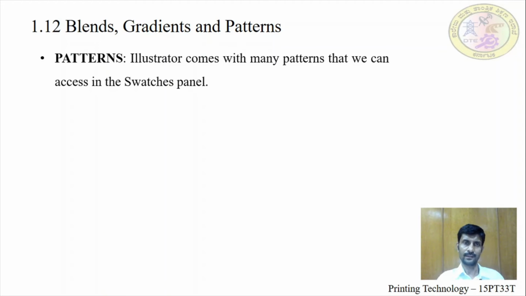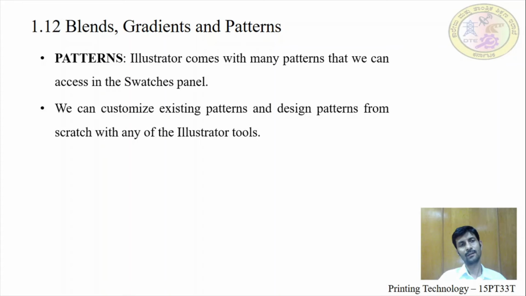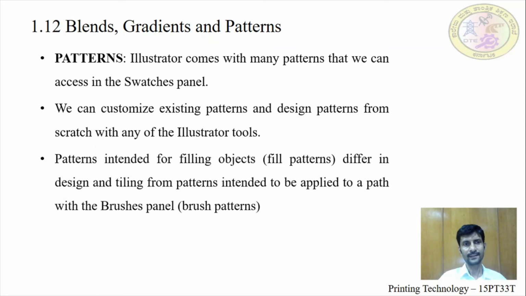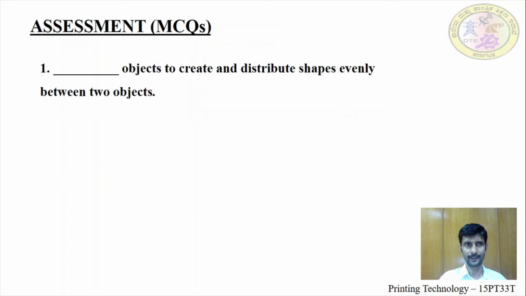Next is pattern. Illustrator comes with many patterns that we can access in a swatches panel. We can customize the existing pattern and design pattern from scratch with any of Illustrator tools. Pattern is intended for filling objects, differing in design and tile from patterns intended to apply to the path with a brush panel.